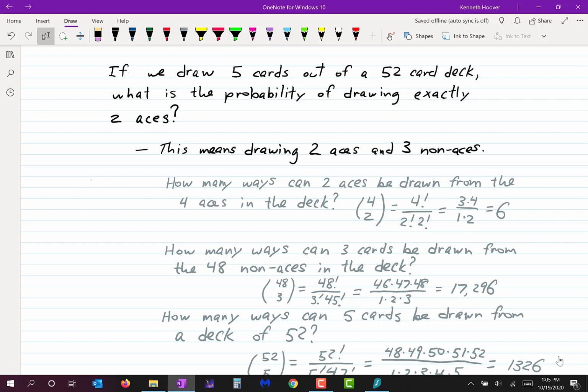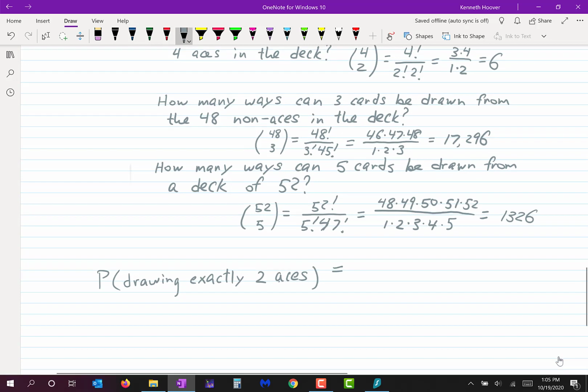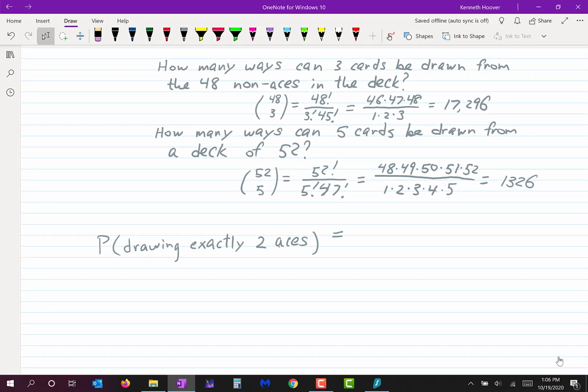So now, to find the probability of drawing exactly 2 aces, all we have to do, let's go ahead and write this. Probability of drawing exactly 2 aces. That just equals the number of possible ways to draw 2 aces and 3 other cards divided by the number of possible ways of drawing 5 cards. I'll write that down.